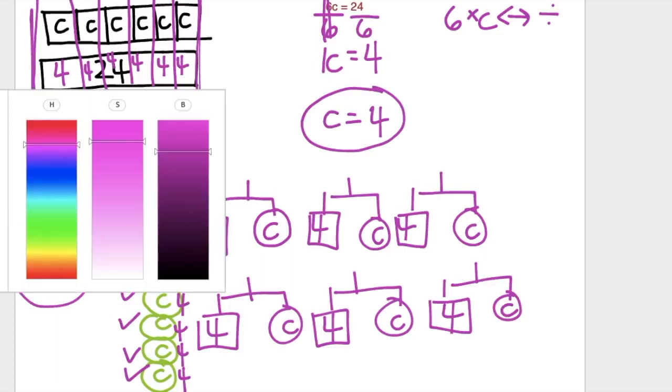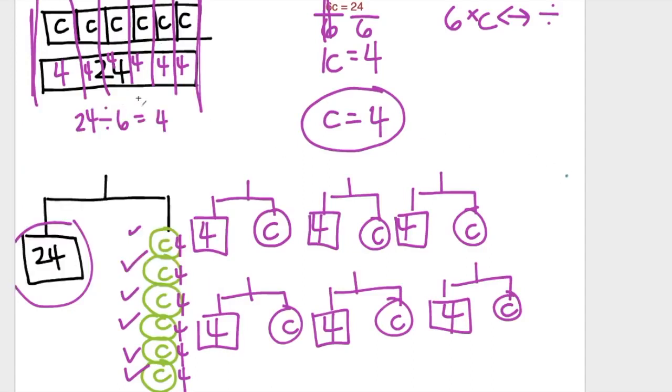Another way that people solve it with the hanger method, because again, like I said, it's a little less obvious compared to the tape diagram, where you can just divide, is that people will see there's 6 c's, so they physically divide the 24 into 6 pieces, and they give each piece to each of these c's.